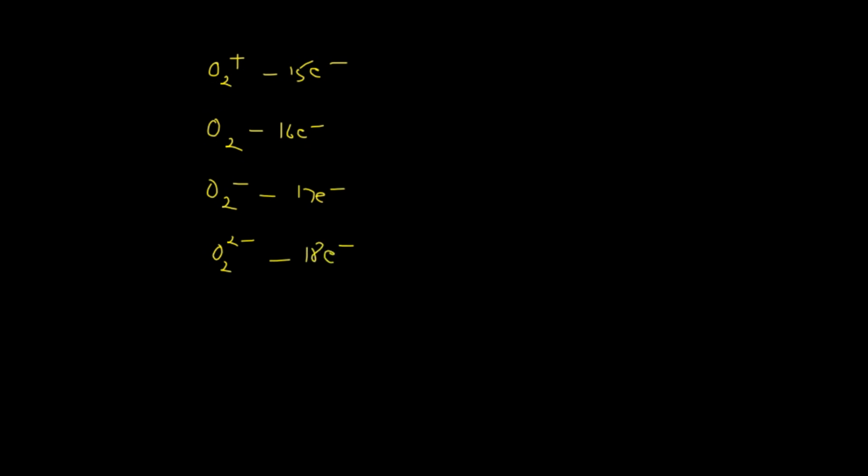If you go for the data of bond order and bond length, in the case of O2 positive, bond order was 2.5, in this case your bond order is 2, in this case your bond order is 1.5, and for peroxide it is 1 only.